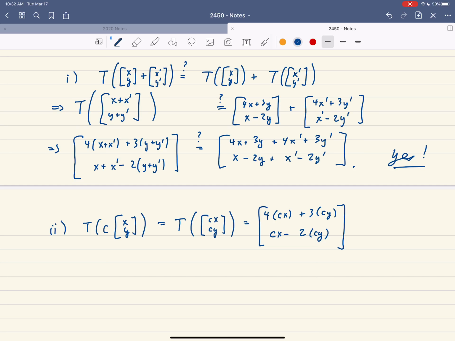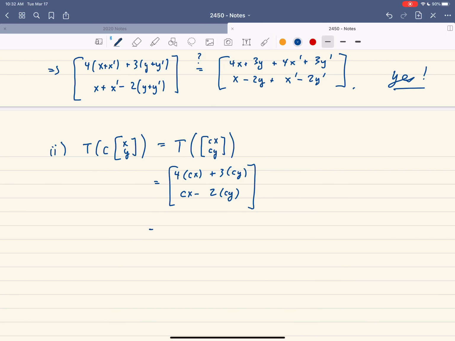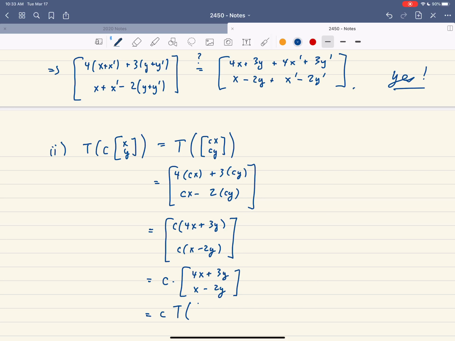I want you to notice that you could actually factor a c out of the top and bottom. This is c times (4x plus 3y) and c times (x minus 2y). Factoring out that c, this is c times (4x plus 3y, x minus 2y), and that's, of course, c times T(x, y).